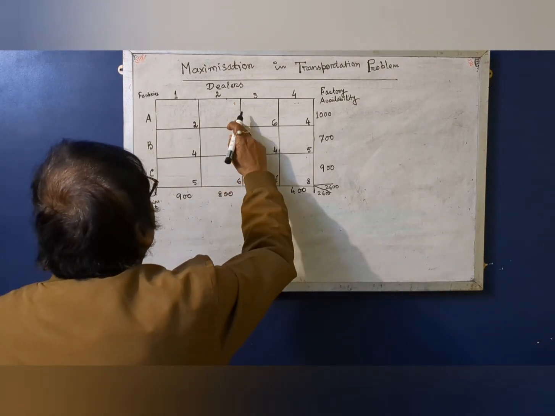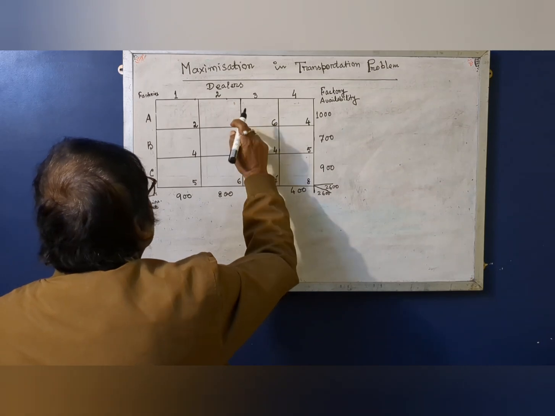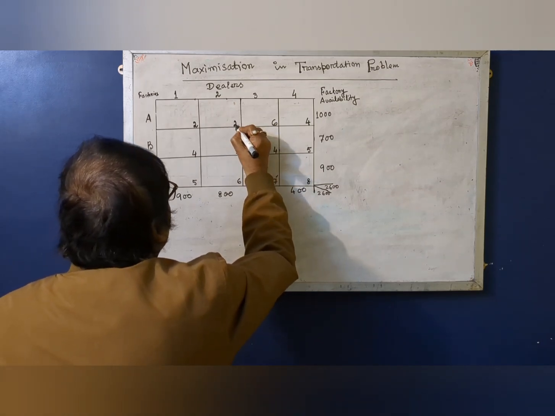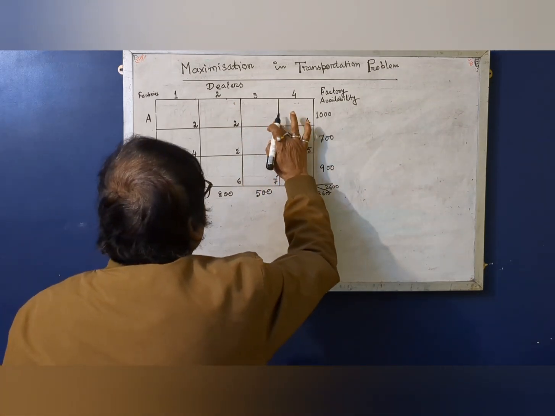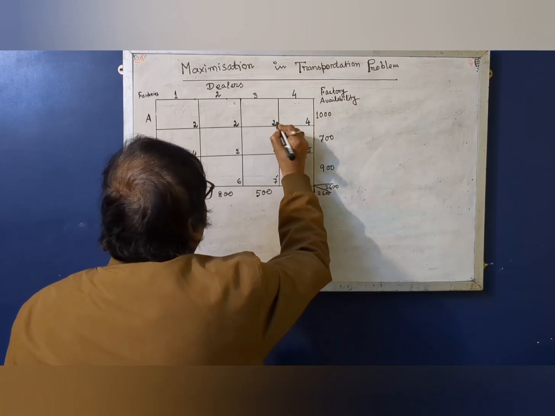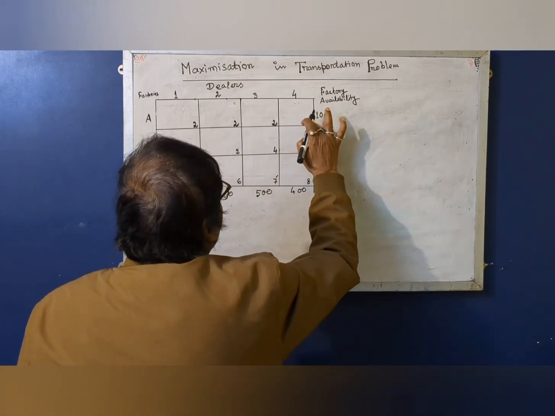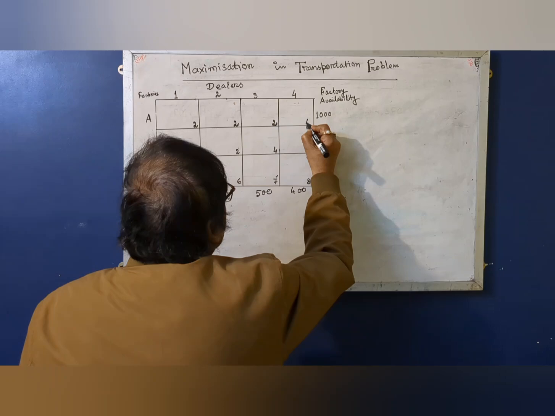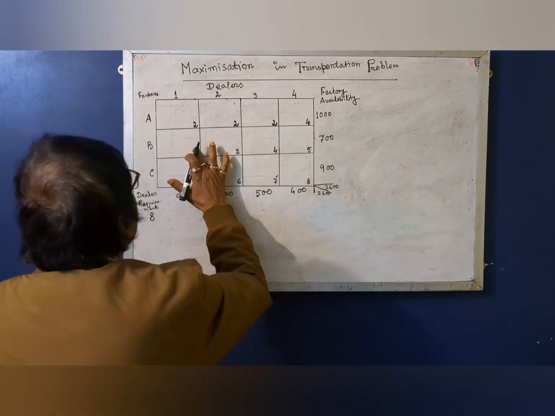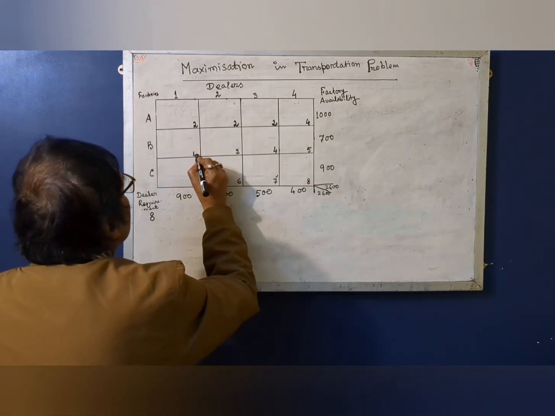From this also, you subtract 6 from 8. That is 2. This is again 2. And 8 minus 4, that is 4. Then again 8 minus 4, that is 4.